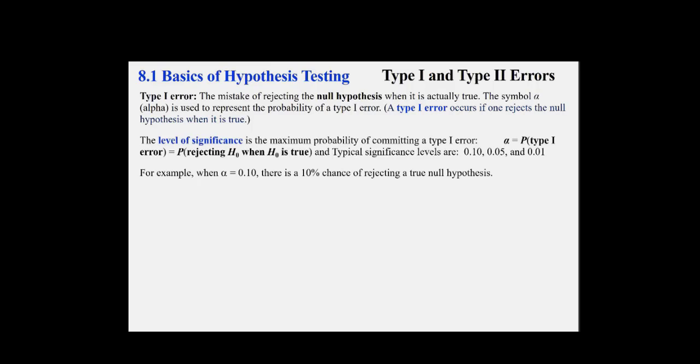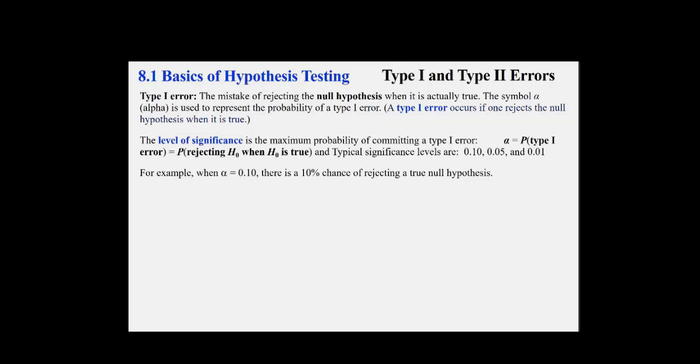The level of significance is the maximum probability of committing a type 1 error. Alpha is equal to P(type 1 error), which is equal to P(rejecting H0 when H0 is true). Typical significance levels are 0.1, 0.05, and 0.01. For example, when alpha is equal to 0.1, there is a 10% chance of rejecting a true null hypothesis.